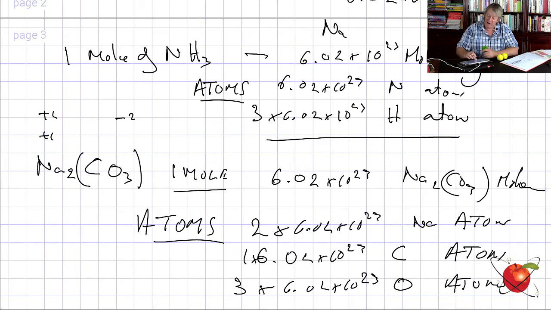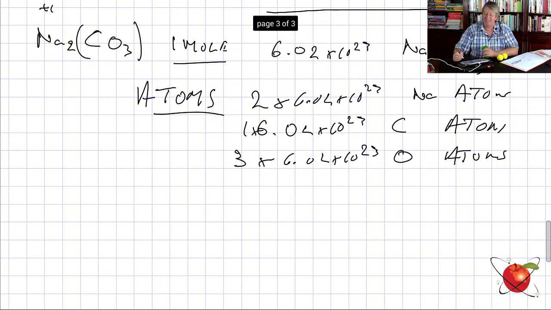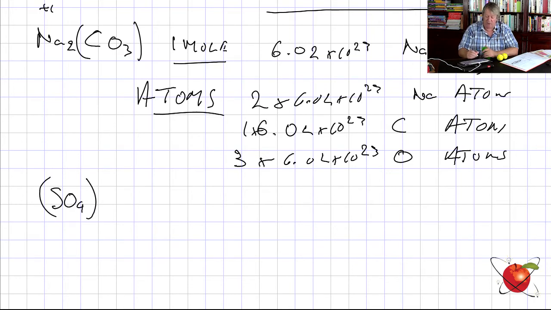Okay, where does the error occur here? 99.9% there. People forget that. Let's say we had, for example, an SO4 and a 2 on the outside there. Now remember, 1 mole contains 6.02 times 10 to the 23 molecules.